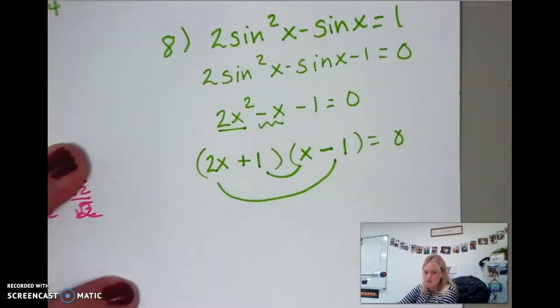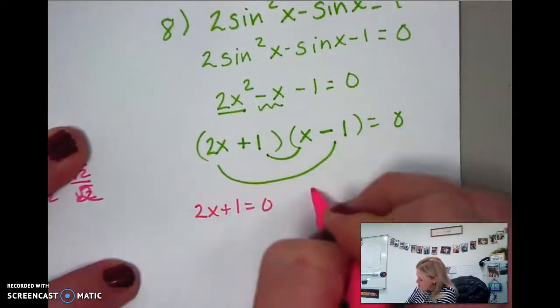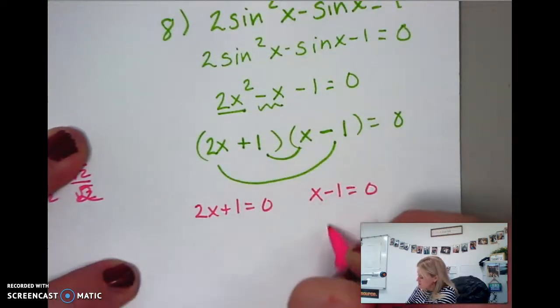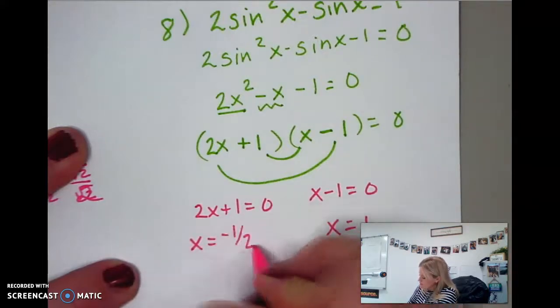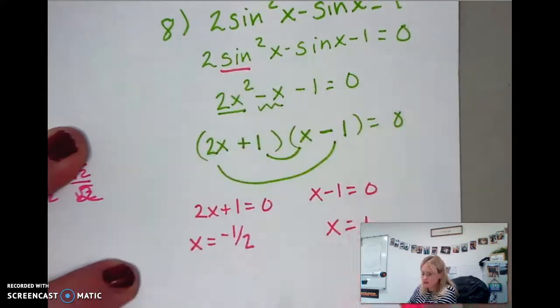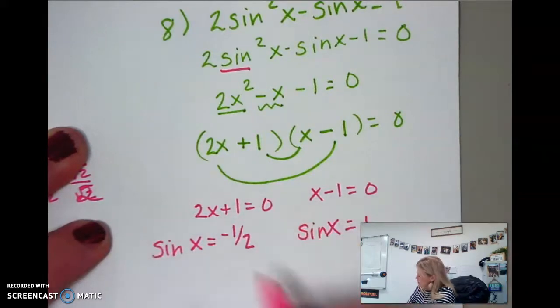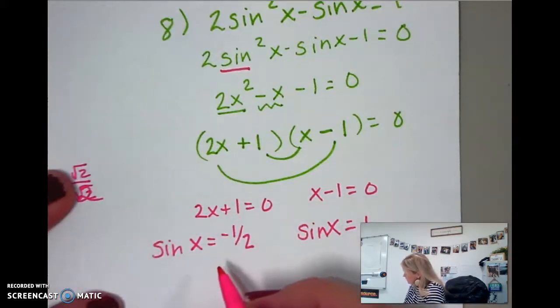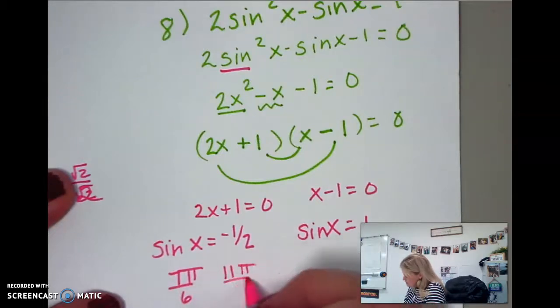And now that I have the zero product property, 2x plus 1 equals 0, x minus 1 equals 0. When does x equal 1? And when does x equal -1/2? And again, we're talking about sine. So we're going to have a whole bunch of answers here. Sine is -1/2 at 7 pi over 6 and at 11 pi over 6.